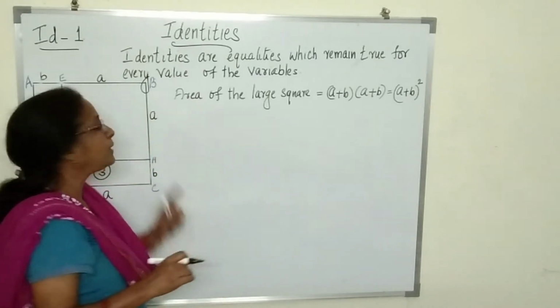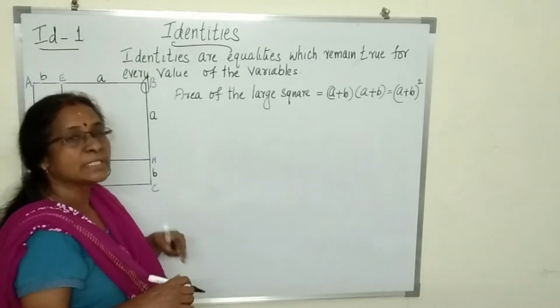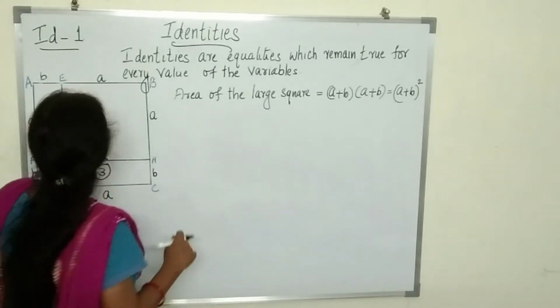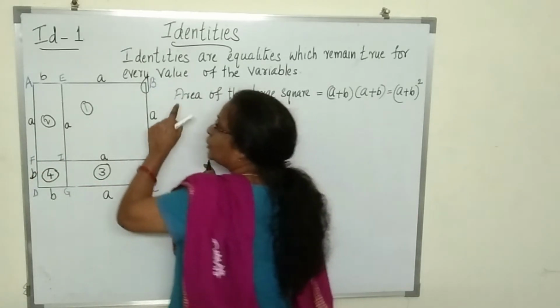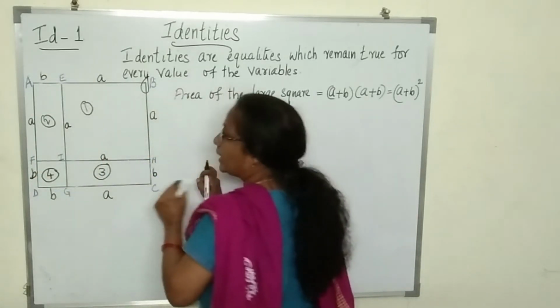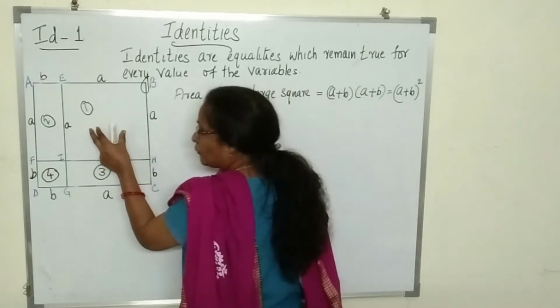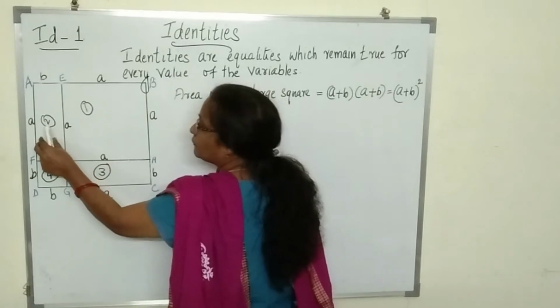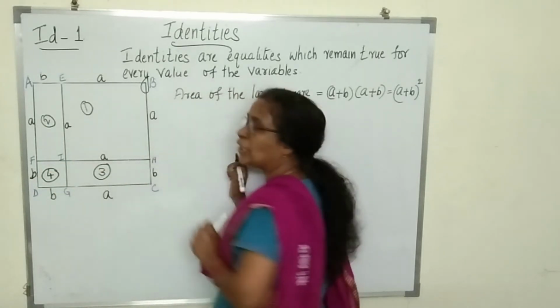Now, how to find the area of this using some other way? We have already divided it into small parts. The total area of this square will be equal to the area of this part plus the area of this part plus the area of this part plus the area of this part.